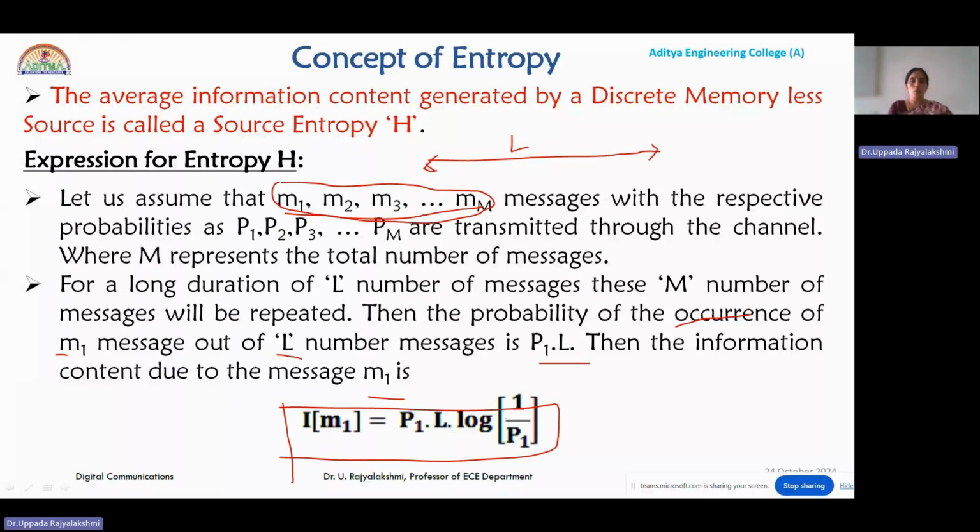Here M1 is repeated throughout the sequence of length L with a count of P1 into L. So P1 into L into log 1 by P1 is the information of M1 for a length L sequence.